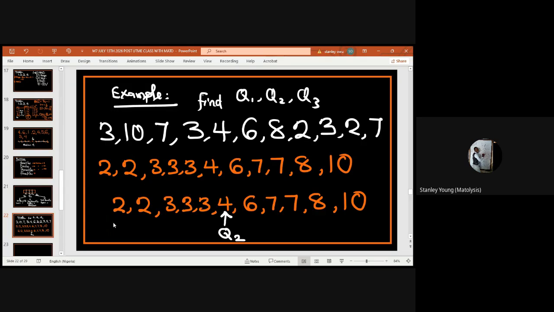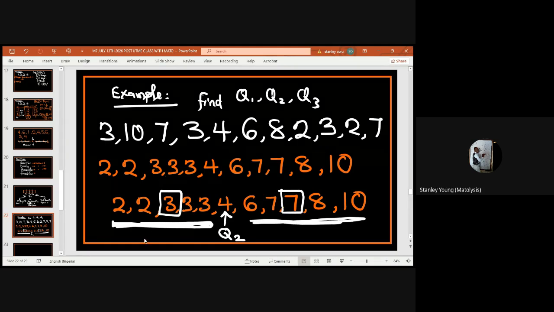To find the first quartile, it is going to be the middle number of the numbers that lie to the left of the center. The middle of the numbers to the left of the center number here is 3. Similarly, for the ones that lie to the right of the middle, the center of such is 7.